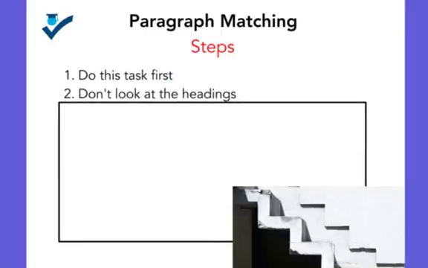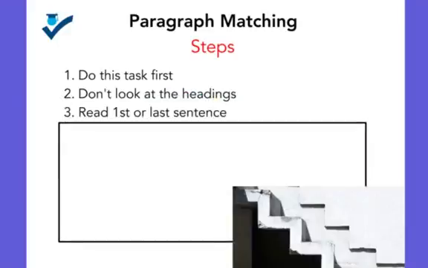Don't look at the headings yet. Look at the paragraphs. Try to get a feel of what each paragraph is about by reading the first or the last sentence of each paragraph, and try to understand the general meaning of each paragraph.